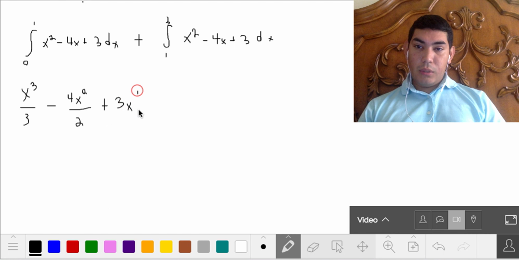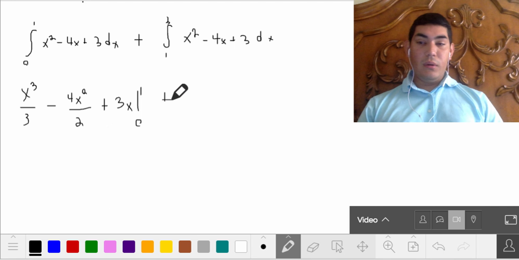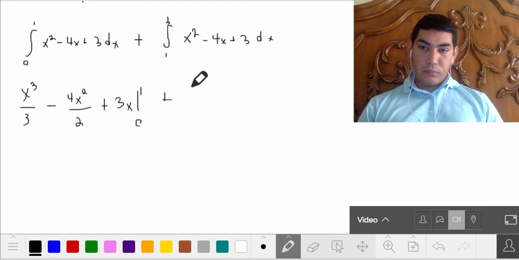So here we're going to look at between 0 and 1. The second integral is going to be exactly the same, but our boundaries will change to between 1 and 3. So let me write that down now.